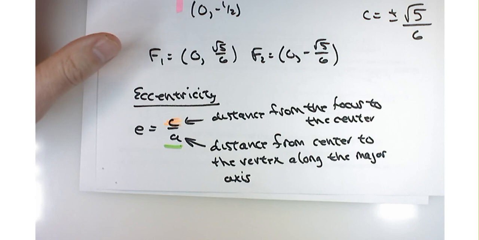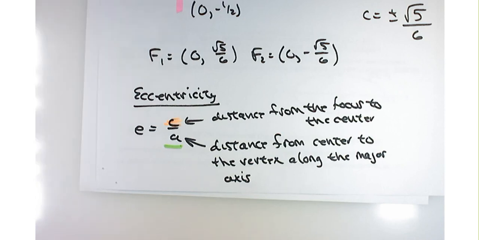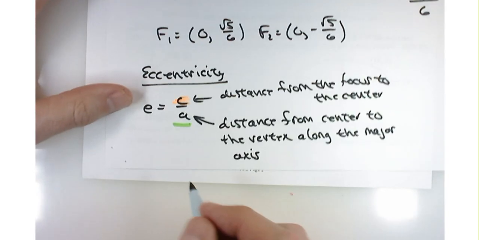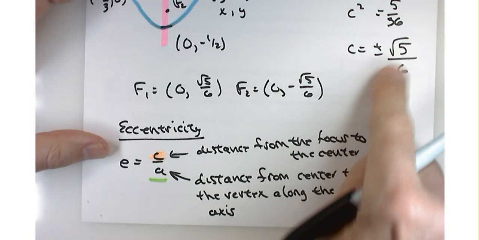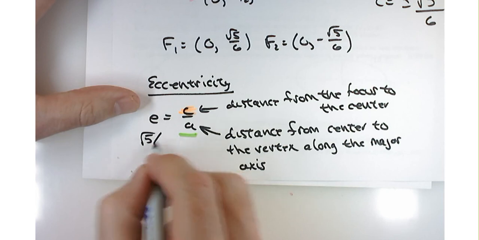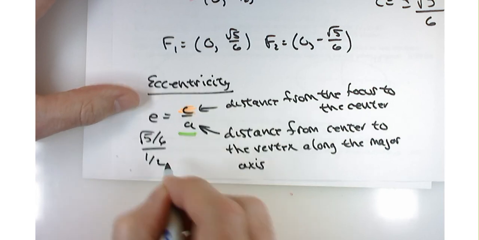In our particular case, the easier of those two numbers was A. A is just 1/2. So let's take C, which is square root of 5 over 6, divided by 1/2.